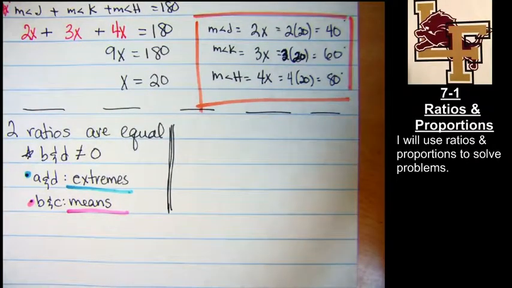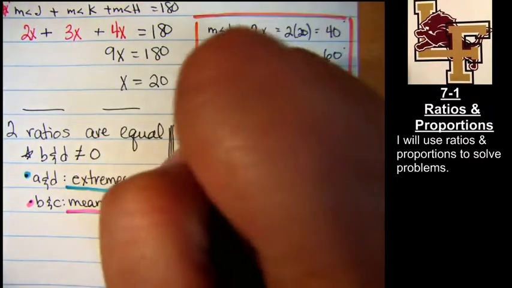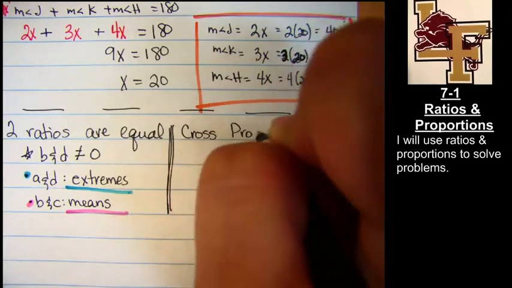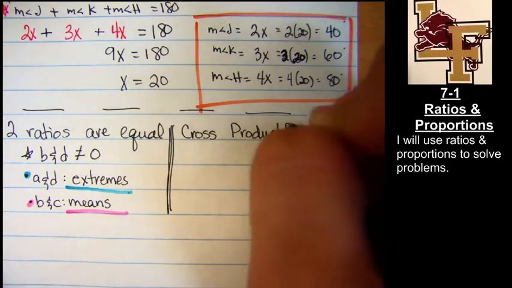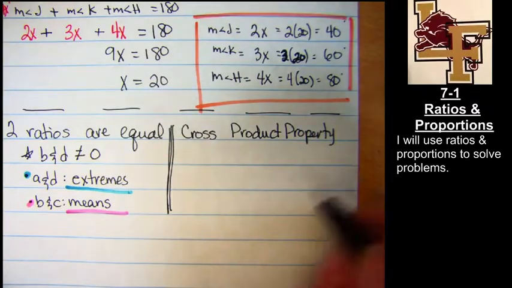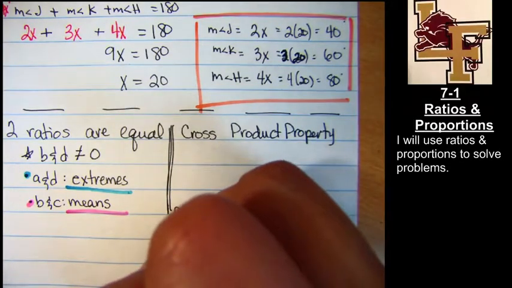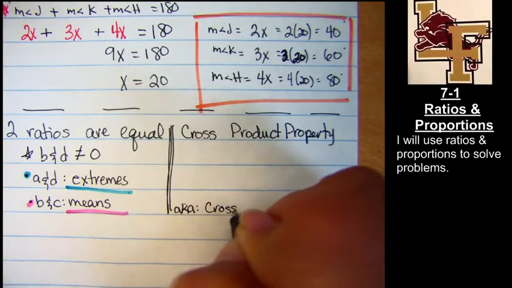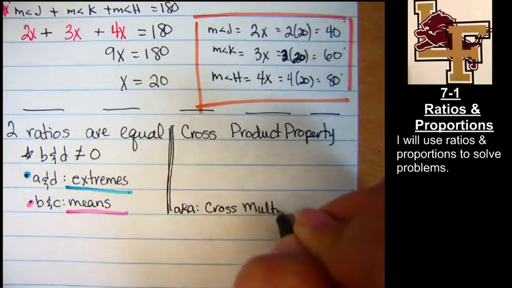So I'm going to give you the name of something, and as soon as you recognize what you're used to calling it, just go ahead and shout it out, okay? In order to handle proportion, we're going to use the cross product property. He said, cross multiply? Yes, the cross product property is indeed known as cross multiplication.